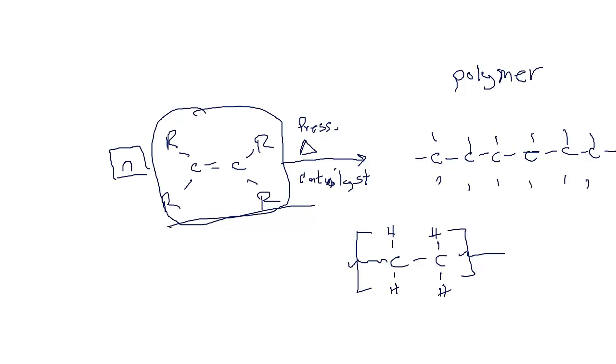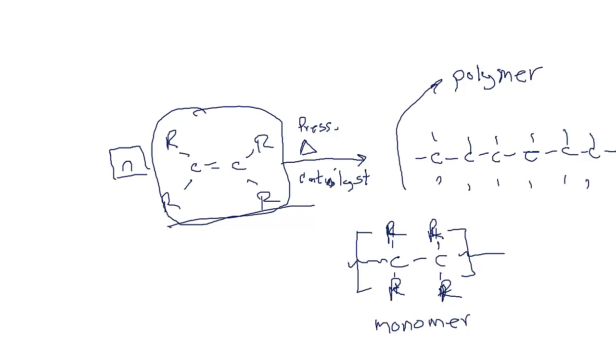I guess I should start doing that. These could be Rs. They could be methyl, hydrogen, whatever. So this repeating unit, this is called a monomer. So hopefully, let's get the terminology down. When you have one of these, this is called a monomer. But then monomers link together to form polymers.